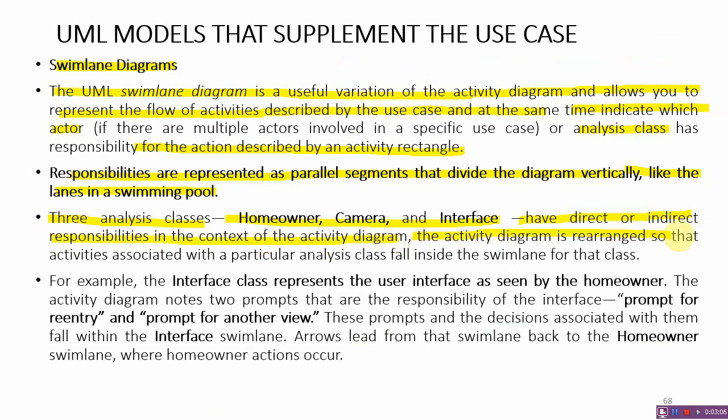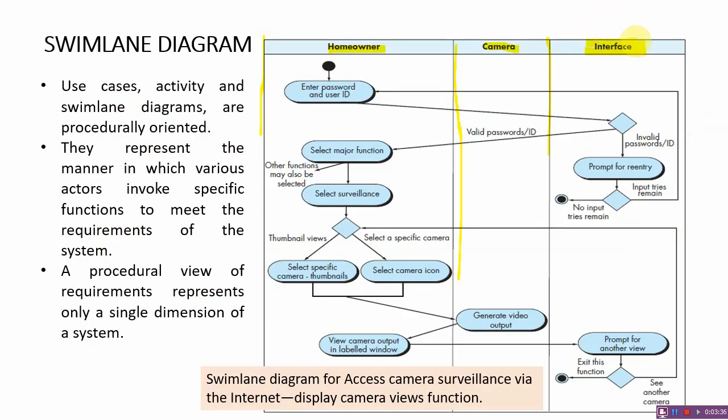The activity diagram is rearranged so that the activities associated with a particular analysis class fall inside the swim lane for that class. For example, the interface class represents the user interface as seen by the homeowner.